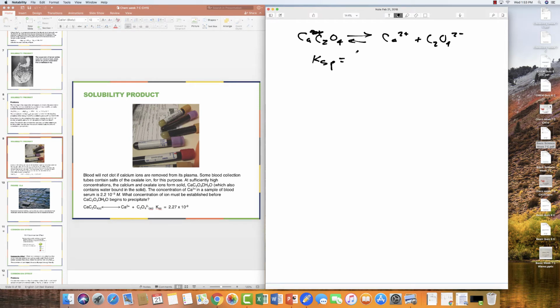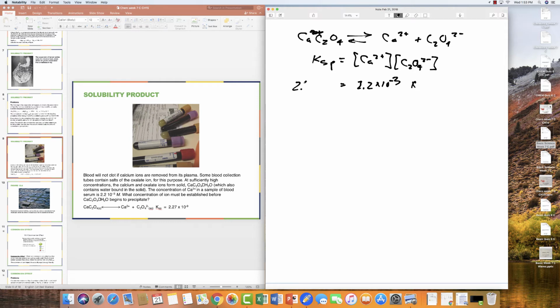And the Ksp for this is going to be the concentration of calcium times the concentration of oxalate. Now it's given that the concentration of calcium is 2.2 times 10 to the minus 3.